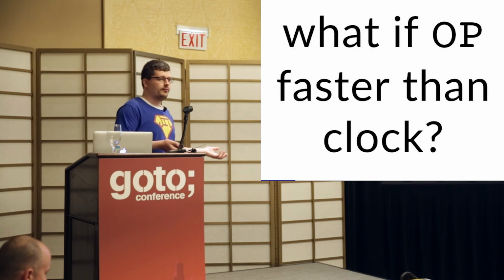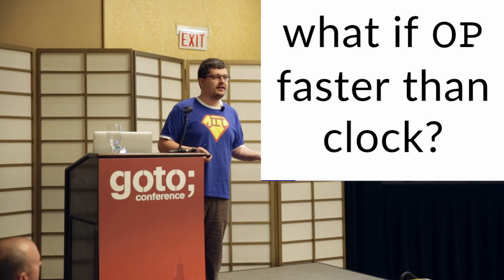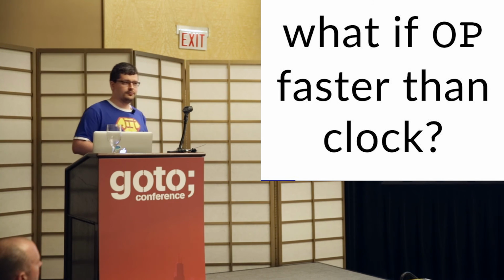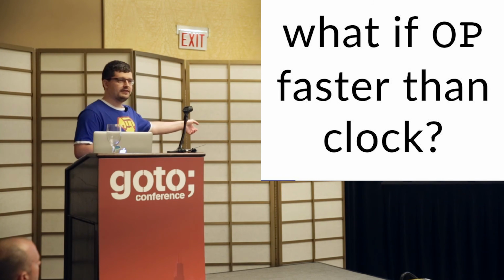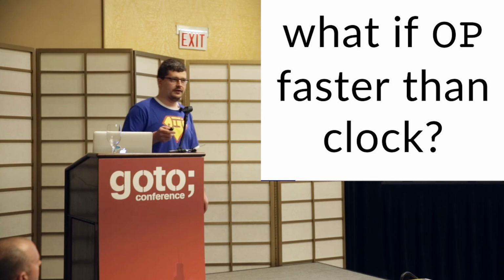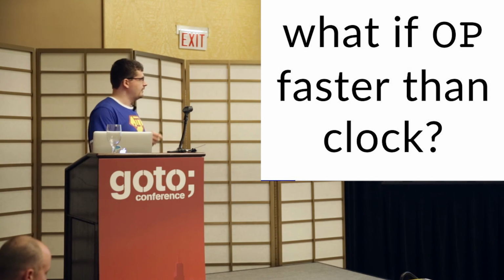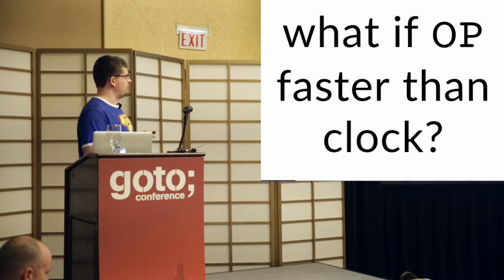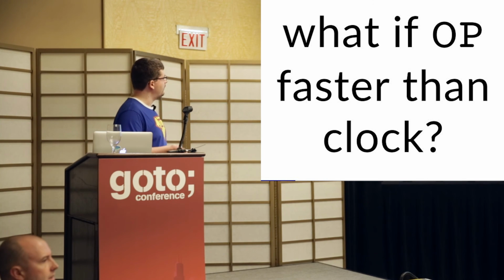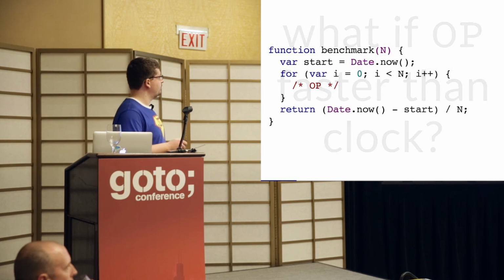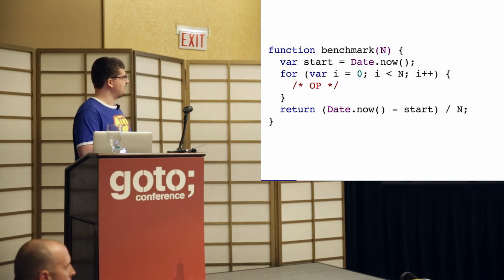What if the operation you try to benchmark is actually faster than the clock you have access to? Like, for example, I doubt that addition takes milliseconds on the current hardware, unless you're running on a very, very, very, very old computer. So this state-of-the-art benchmark driver is an upgrade.